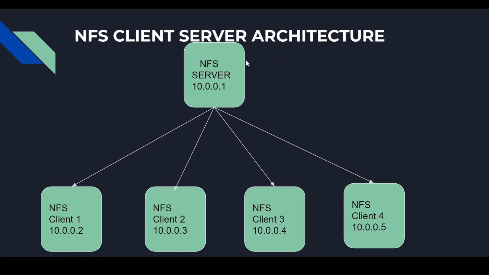We have a file system on this NFS server, /nfsshare, which is a mount point available on this server, and we want to share it with these 4 servers. We can use the NFS functionality to share that file system, so all the users on the clients can access it through the client's NFS.